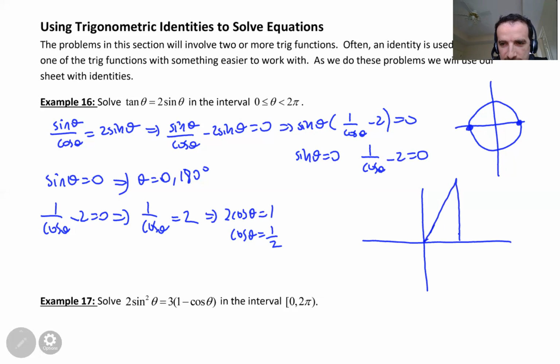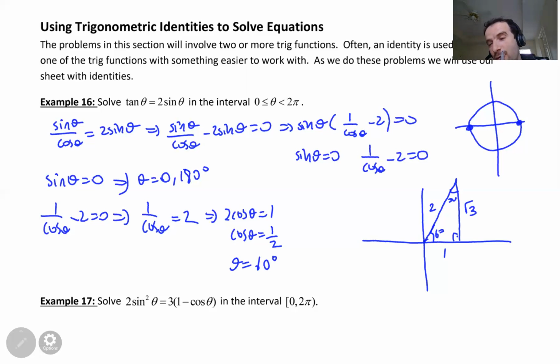This is a 30, 90, 60 triangle, right? 1, 2, root 3. I did it intentionally because cosine should be adjacent over hypotenuse. So 1 over 2, great. So from there I get theta is equal to 60 degrees, okay?